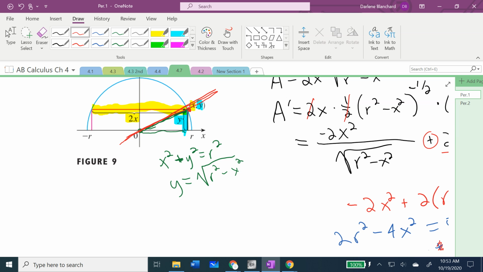And if you think about it a little bit, you might go, really? I could have just used geometry. And the answer is yes, yes. Geometry would have been far easier to use.